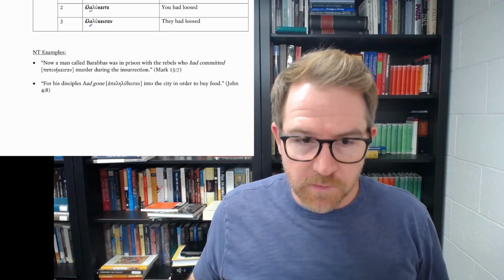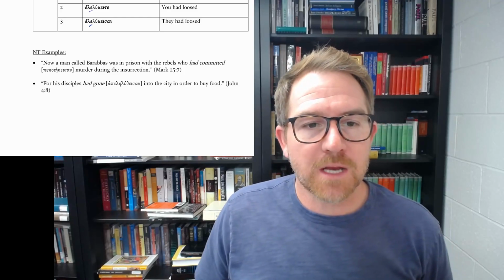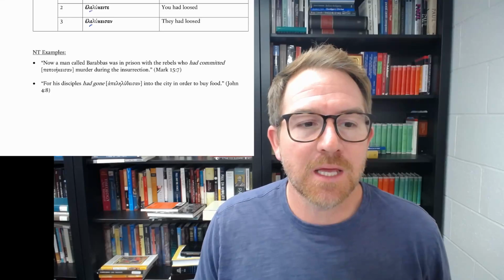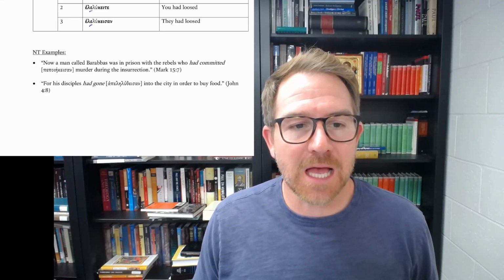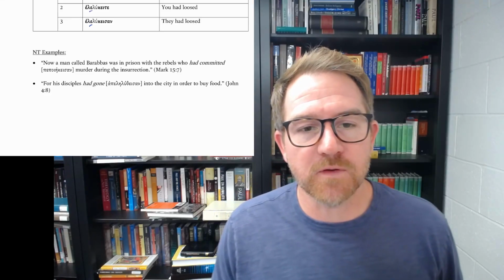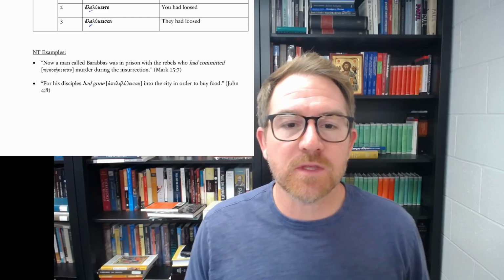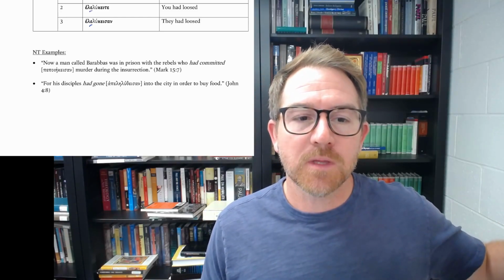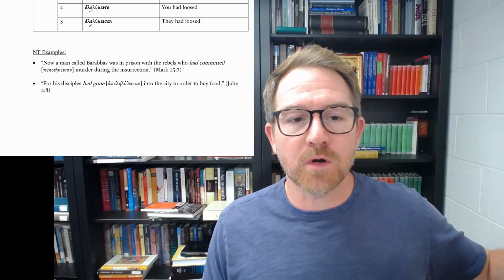New Testament examples are quite rare. There was a man called Barabbas who was in prison with the rebels who had committed, pepoiekesan, murder, during the insurrection in Mark 15:7. So this is talking about how these rebels are in the past state of having committed a crime, that is, having murdered during the insurrection.